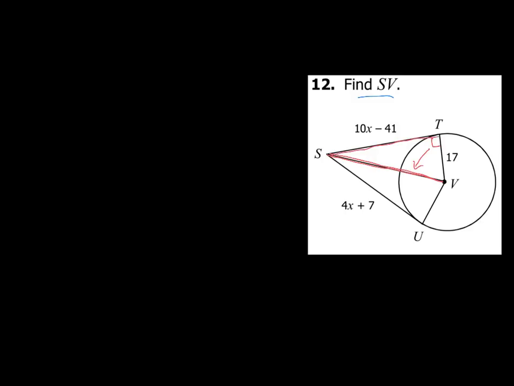So I'm going to look at this as a right triangle and use my Pythagorean theorem, a squared plus b squared equals c squared. The problem is that I don't know the length of ST, but I have a way to get it. So I know that ST is congruent to SU.